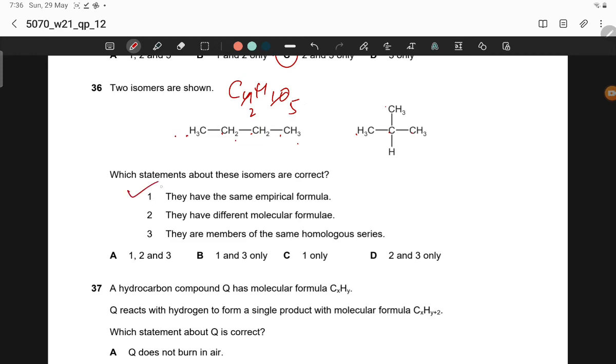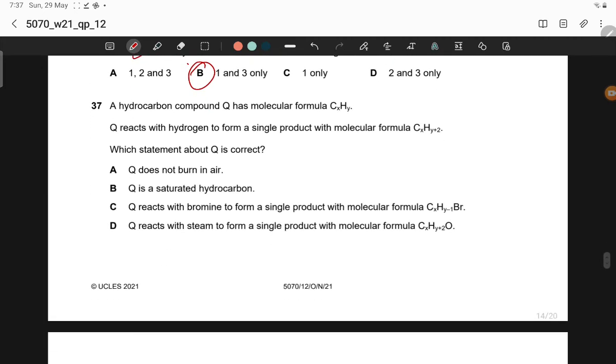Yes, it is correct, because they have the same molecular formula, so they have the same empirical formula. C2H5 and C2H5. They have different molecular formula? No, it is not correct. They are members of the same homologous series. Yes, they are members of the same homologous series. Statements 1 and 3 are correct. The option is B.